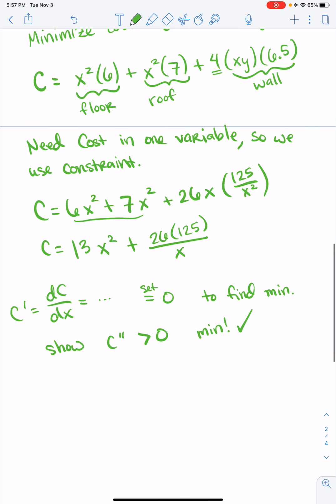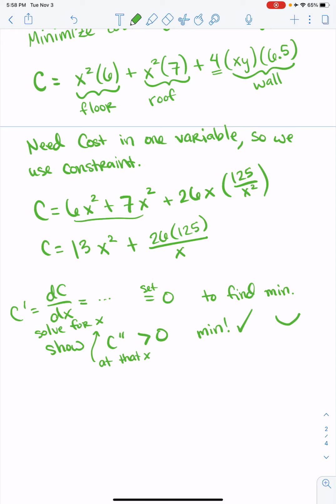And then that will give you, let's see, solve for x. Show C double prime at that x is greater than 0, so it's, again, concave up like a cup, so you're at a minimum.